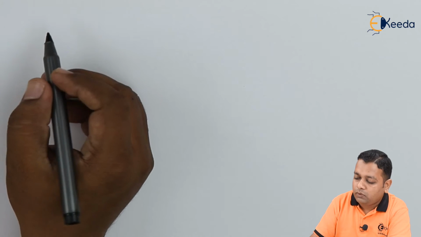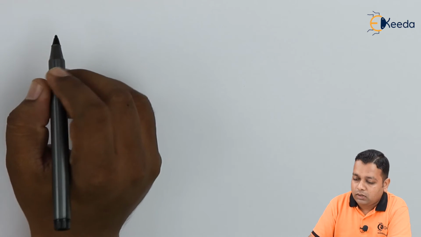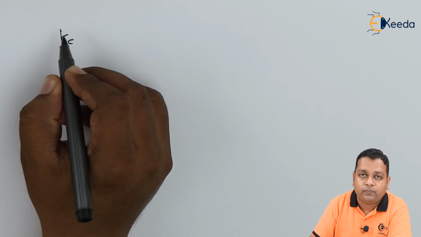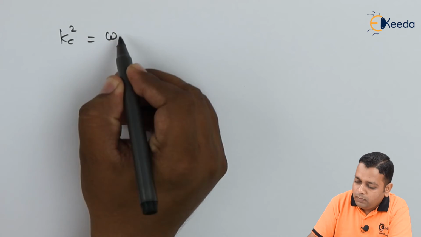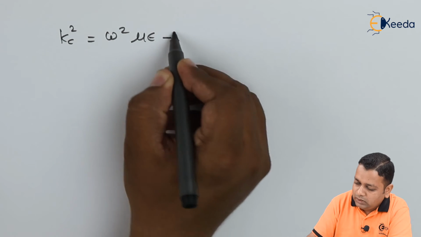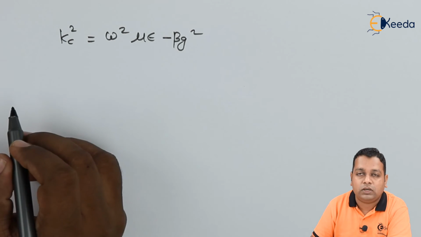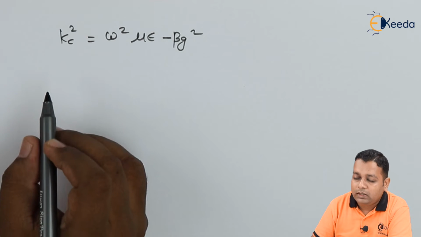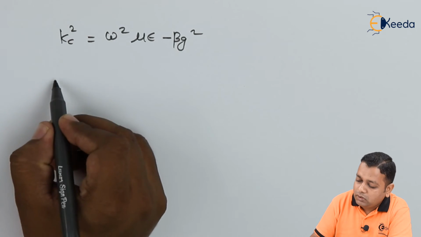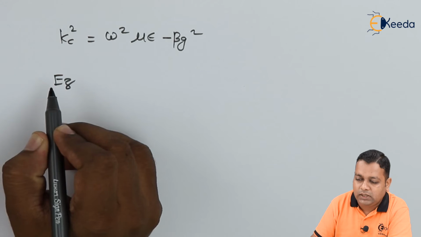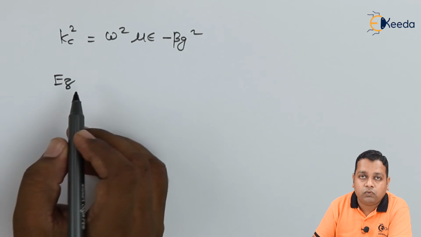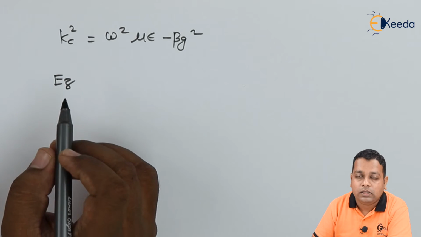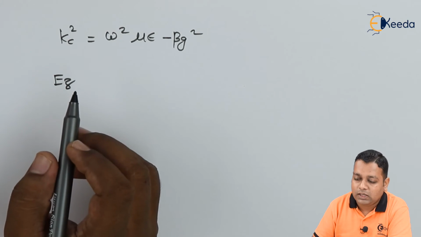Now in all these equations we have the use of wave number at cutoff, that is kc. So it is the substitution for kc square as omega square mu epsilon minus beta suffix g squared here. And let us have the differentiation for the equation of Ez and the substitution of the results into the last four equations for Er, E phi, Hr and H phi here.